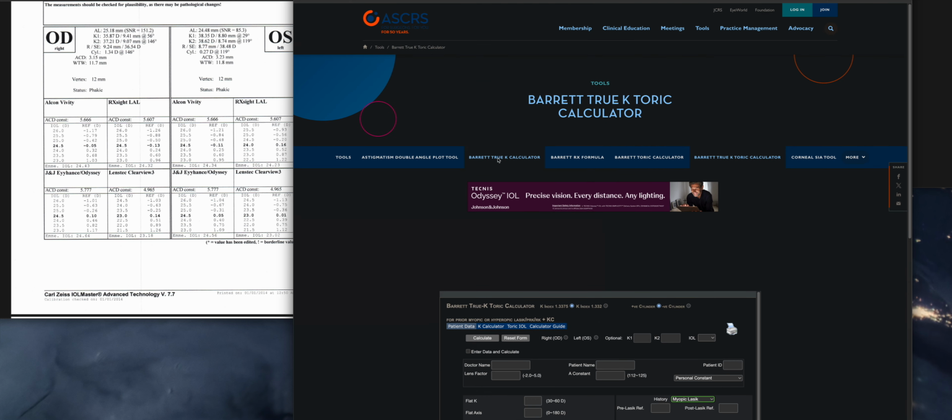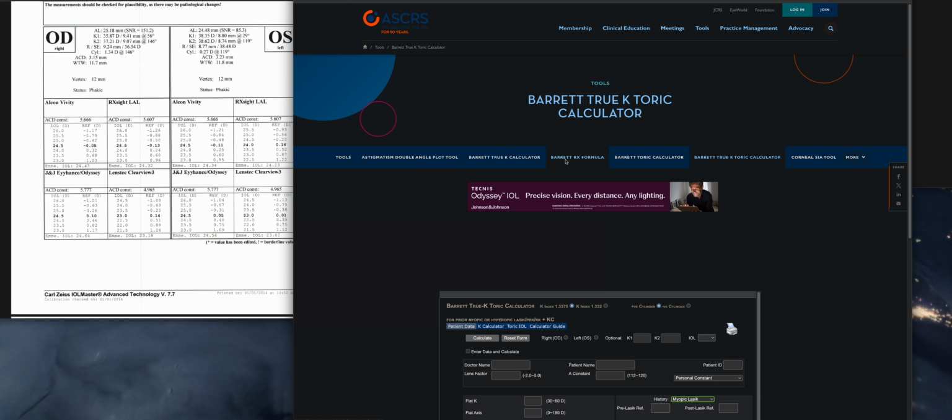Just to recap, we'll use the Barrett RX formula, the Barrett II calculator, for all virgin corneas, always. For post-refractive, I'd say even just always do the True K toric calculator. If the patient needs a toric lens, we want to give them a toric lens, and maybe just forget about this Barrett True K non-toric calculator.